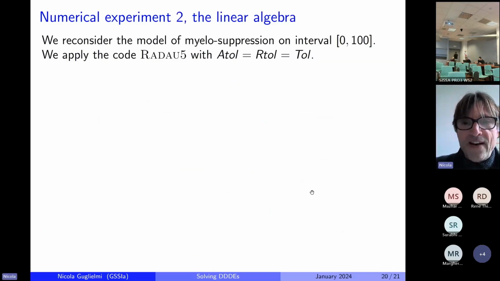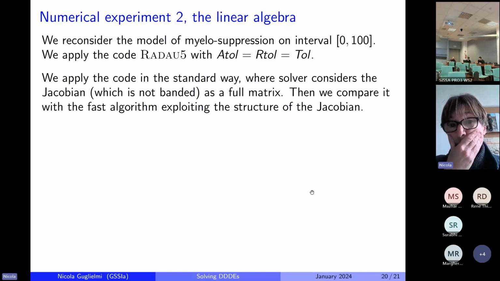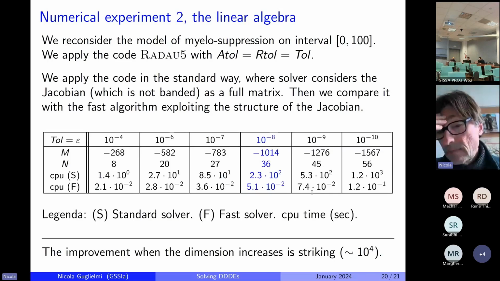So let's do a final experiment with the real model, the one of myelosuppression, and let's try to understand the linear algebra. I consider the standard application, which is by default the Gauss solver, and I compare it with the fast solver that is linear in complexity with respect to the number of augmented equations.